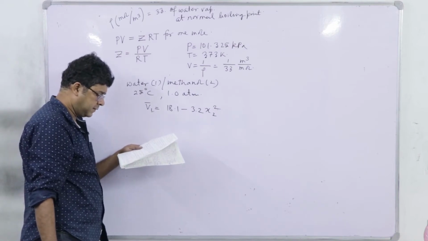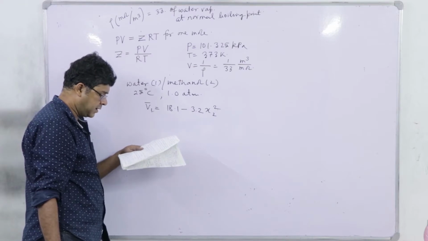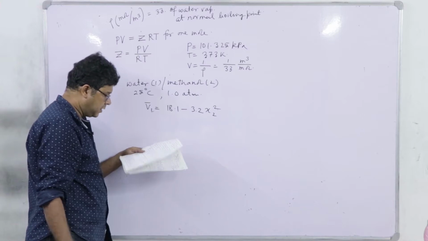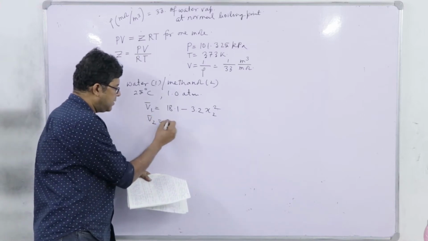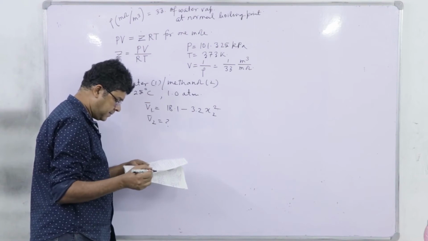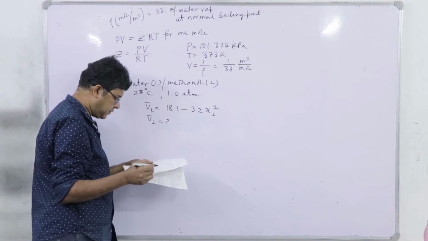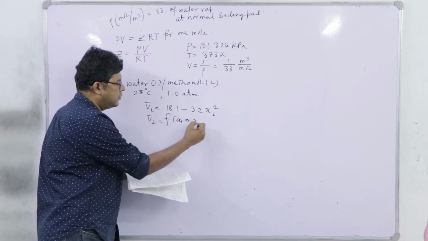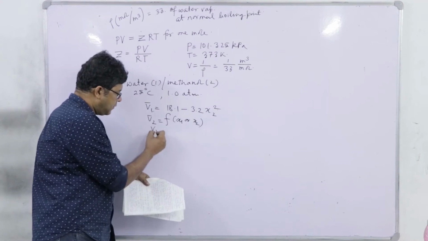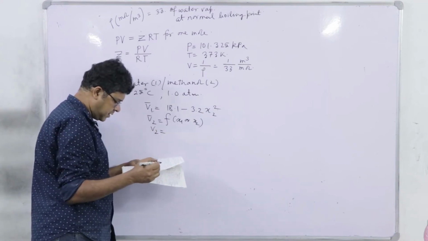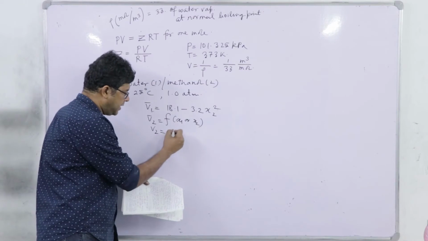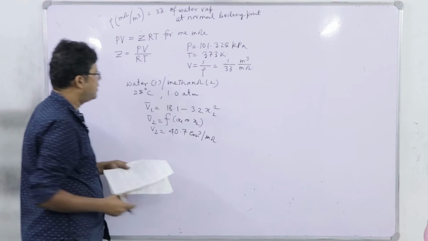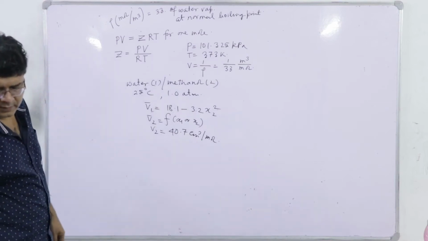Develop an expression for the partial molar volume of methanol, this for water, partial molar volume of methanol at the same condition, right. We have to generate the expression. This should be some function of x1 or x2, right, whereas pure volume of methanol is 40.7 centimeter cube per mole, right.